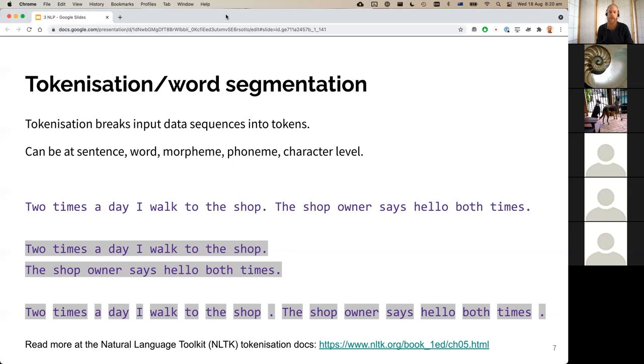That would be fairly straightforward. And we could write a simple Python script to iterate over those sentences and split the words up into tokens based on the spaces between words. In this simple English, that would also be fairly trivial.